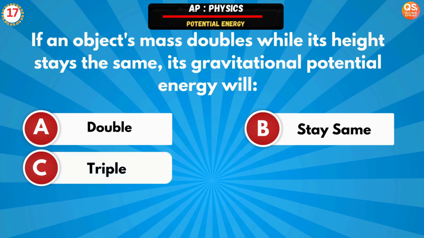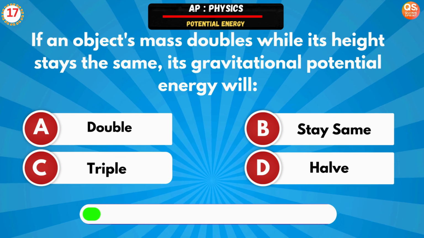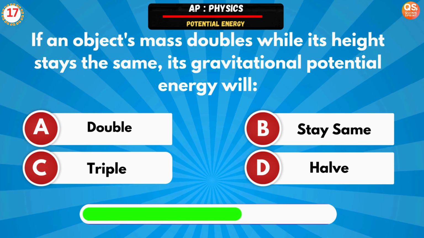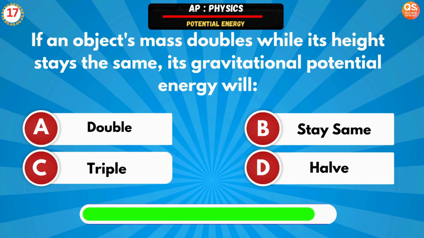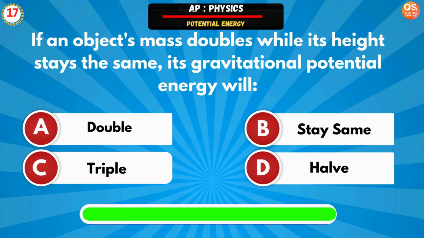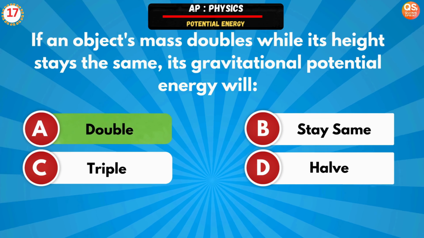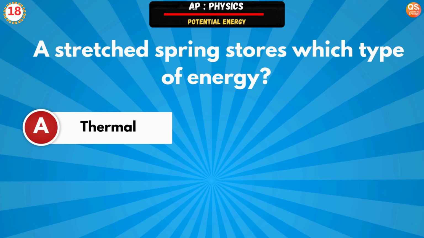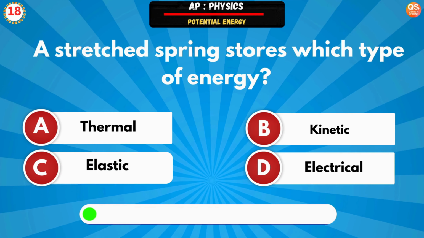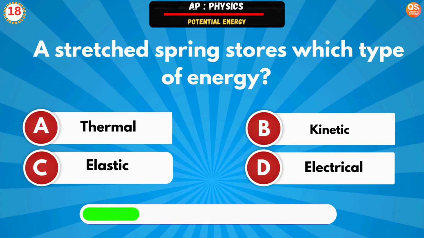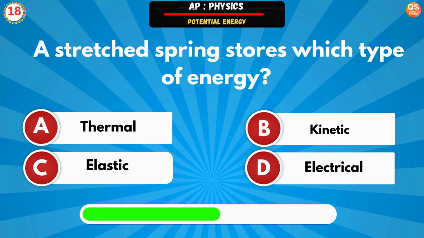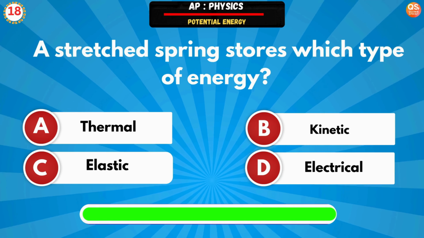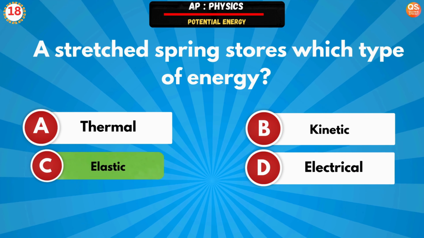If an object's mass doubles while its height stays the same, its gravitational potential energy will double. A stretched spring stores which type of energy? Elastic.